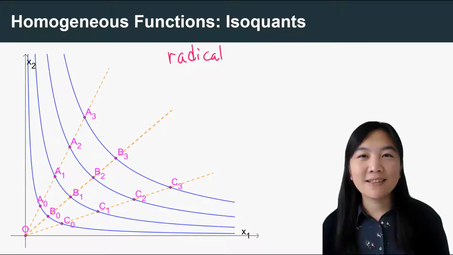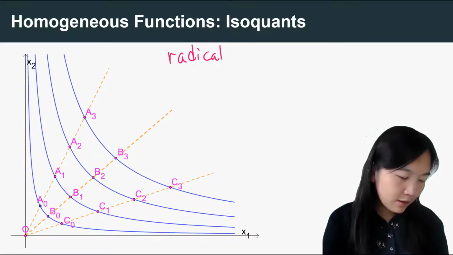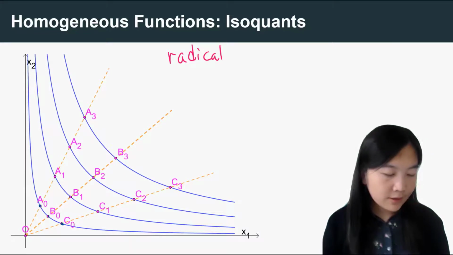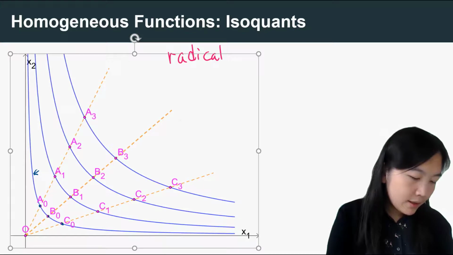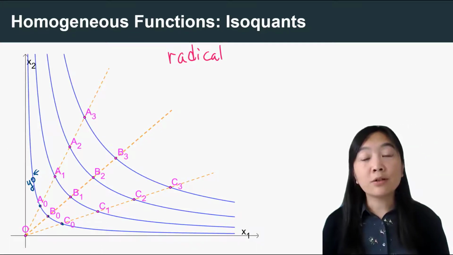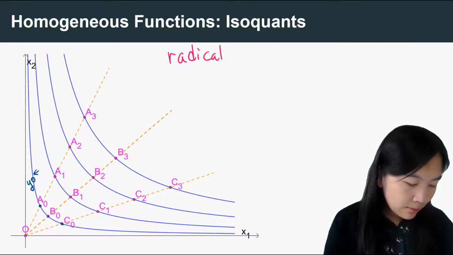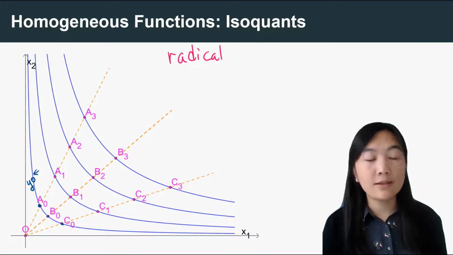What does that mean? If we pick several points on one isoquant curve, let's focus on this one, and say this is y0, the output level equal to y0. Then we pick three points, and let's first look at a0.